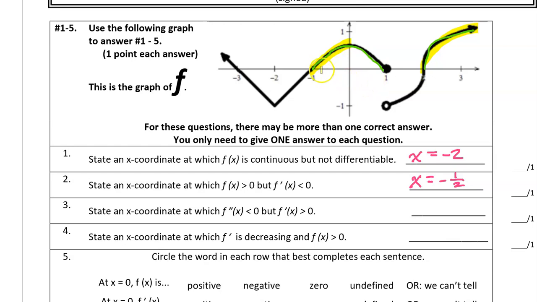So we could pick an x value from either of these yellow zones. For example, we could pick -1/2, and for the directions you only needed one x value, but I'm going to pick one from each zone. So x equals -1/2 would do it, or x equals 2.5 would work.